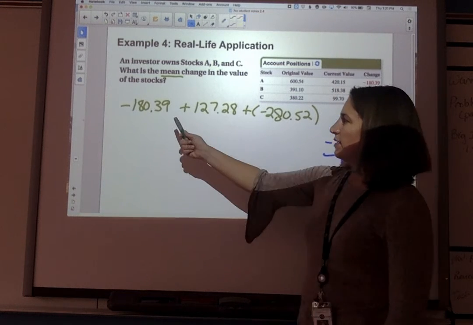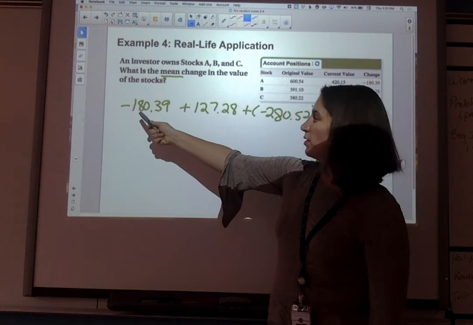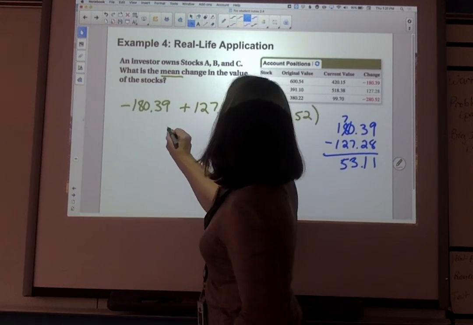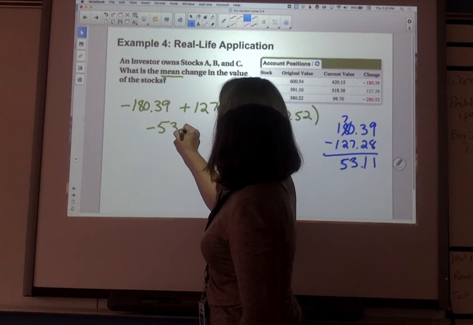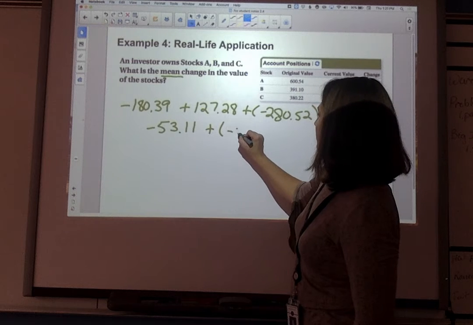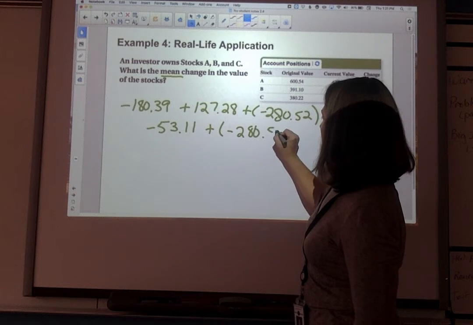So I have 53.11. If I'm combining these two terms, my larger absolute value was negative. So these two combined is negative 53.11 plus negative 280.52.